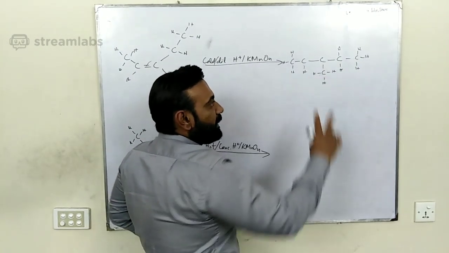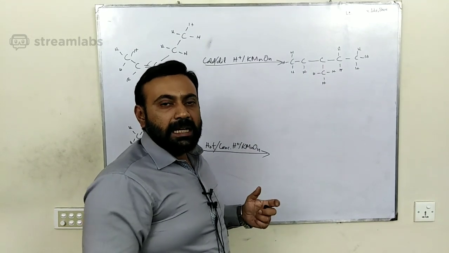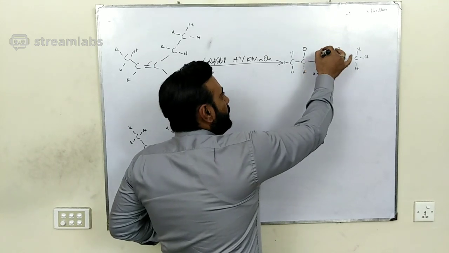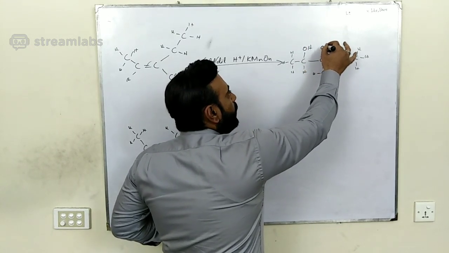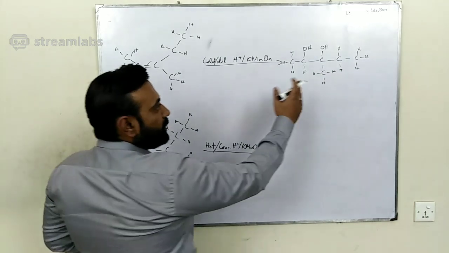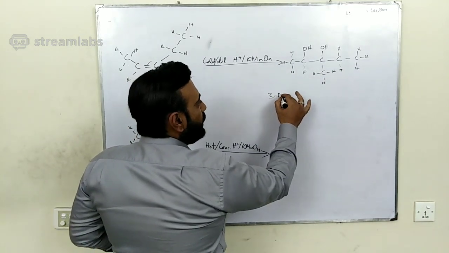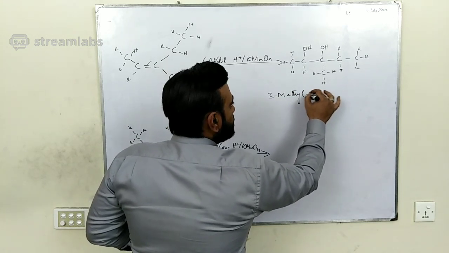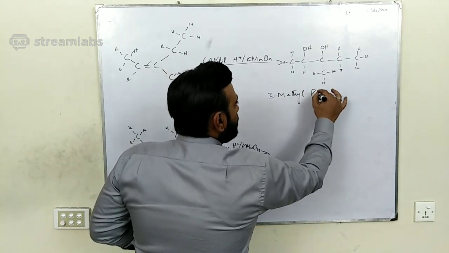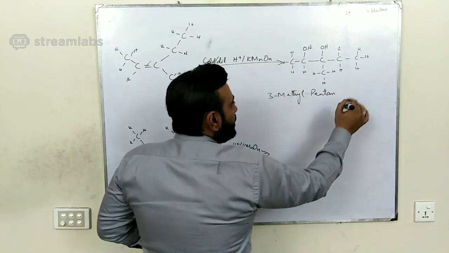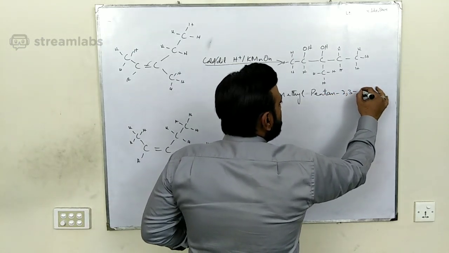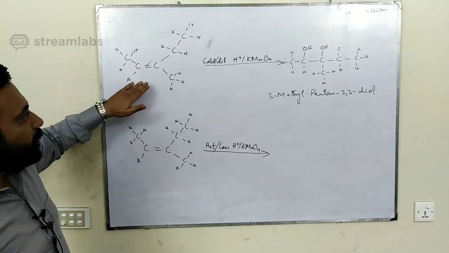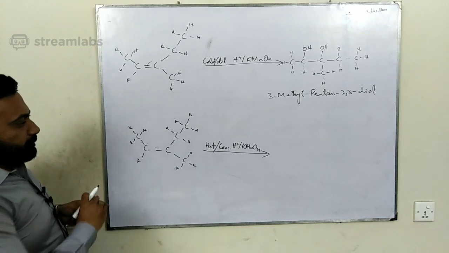Now these two carbon atoms have one vacant valency each. With each of these carbon atoms an OH group will be added. So a diol would be formed. Now this compound is 3-methylpentane-2,3-diol. This is the product of partial oxidation of 3-methylpent-2-ene.